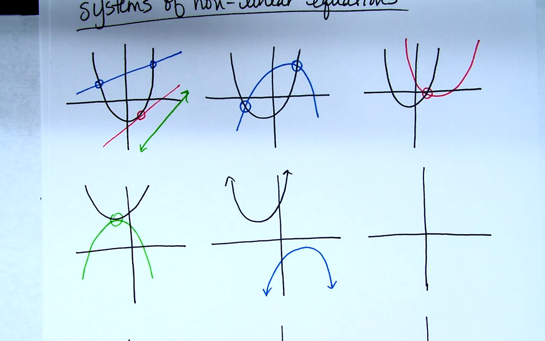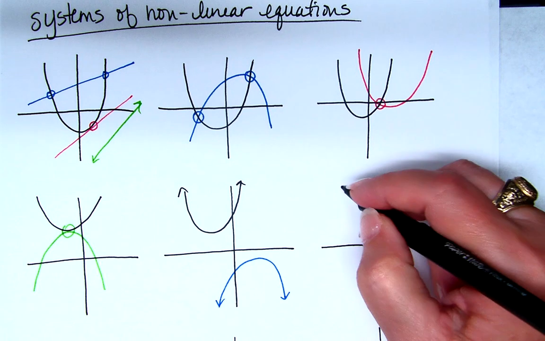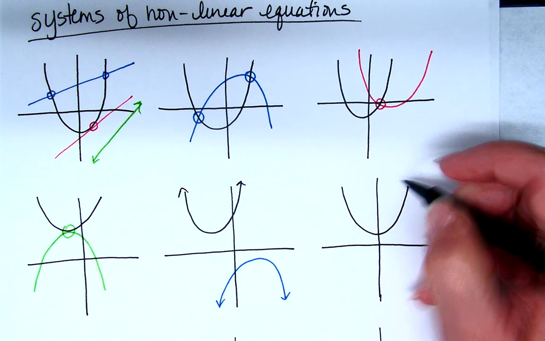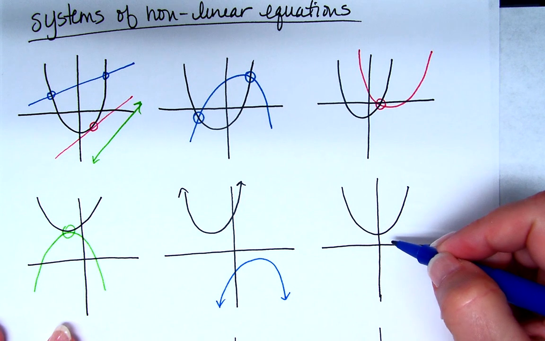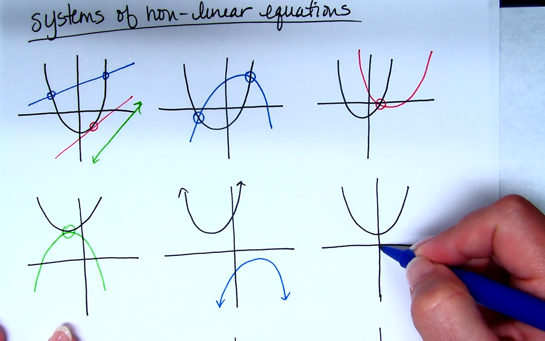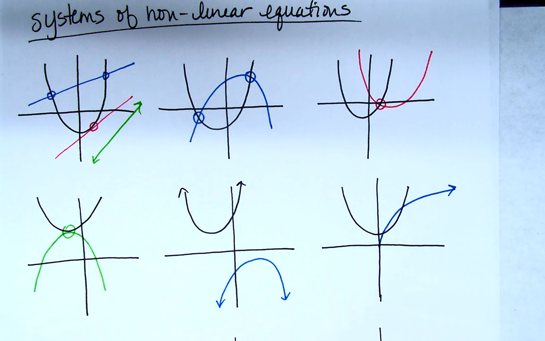Oh, nice. Okay? But what if I had a parabola and a square root function? Well, first of all, you have to remember what a square root function looks like, right? Maybe it's a parent function that has a vertical stretch, and maybe it goes like this. How many solutions are right there? 2.